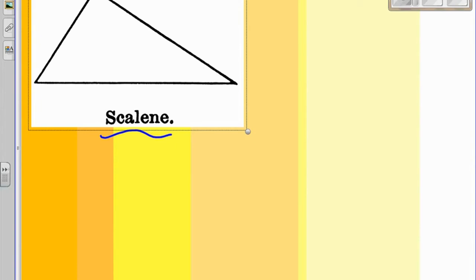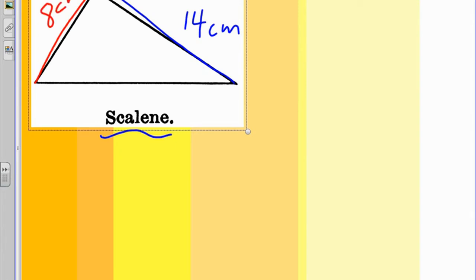Look, this long bit here, that's blue because it is 14 centimeters. This bit down here, down the side, that's red because it is 8 centimeters. Okay? And look at this bit down the bottom. That's 9 centimeters. All the sides are different.